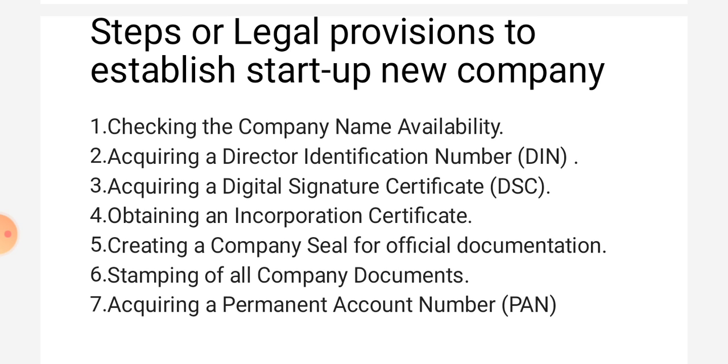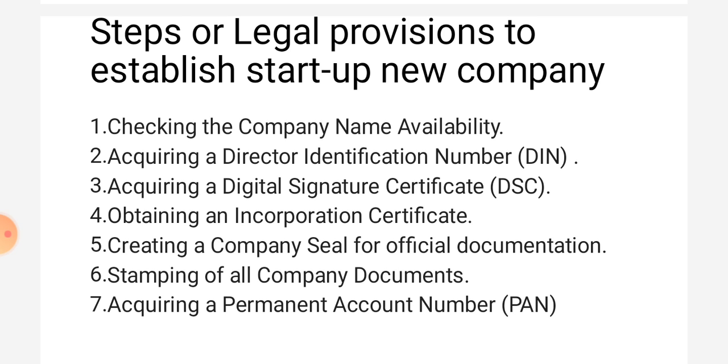Fourth, obtaining an incorporation certificate. After submitting all the documents, that is the memorandum of association, articles of association, and the registration fees, and all formalities are completed, the Registrar of Companies will issue the incorporation certificate, that is, a registration certificate.